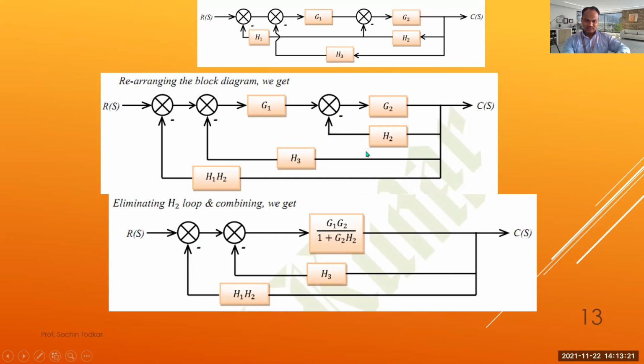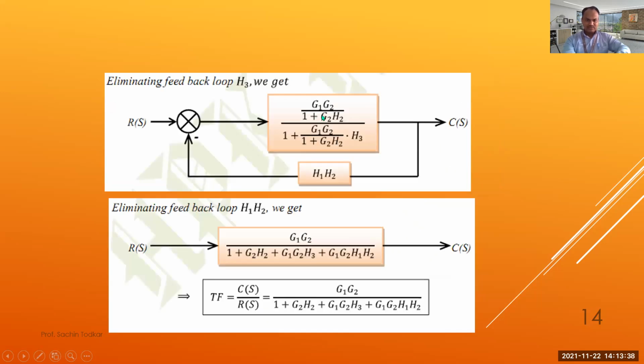Rearranging the blocks, we'll get this. We are going to use G2 divided by 1 plus G2 H2, and again multiplied by G1 here. So G1 G2 divided by 1 plus G2 H2. Then we are going to use the feedback function: G1 G2 divided by 1 plus G2 H2, whole divided by 1 plus G1 G2 divided by 1 plus G2 H2, into H3.